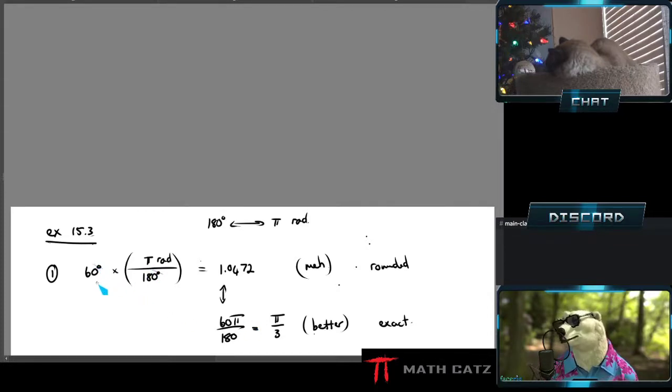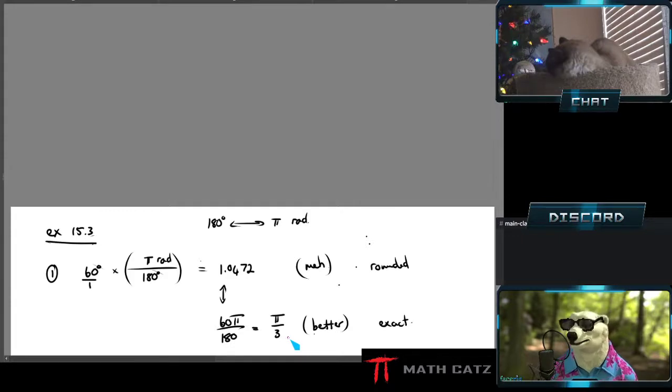So 60 at the top, of course, that's over 1, right? 60 times pi over 180. And then I simplify the 60 and the 180 to 1 over 3, and my exact answer is pi over 3. Now it seems a little strange in the beginning if you haven't seen it, but like anything, you see this enough times, you repeat it enough times, it becomes second nature.